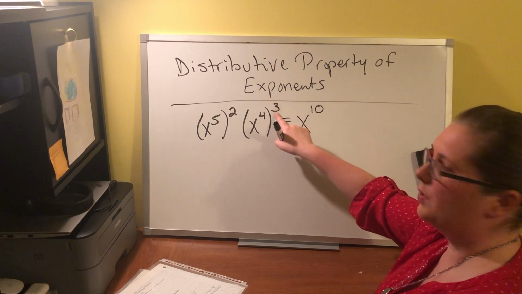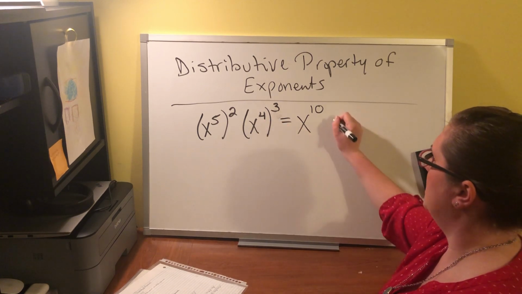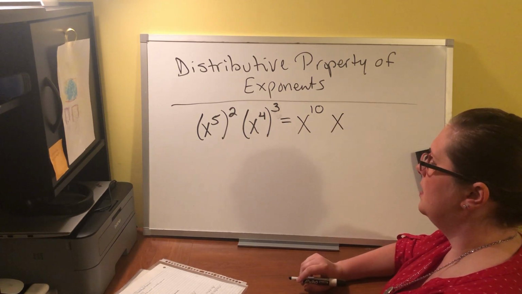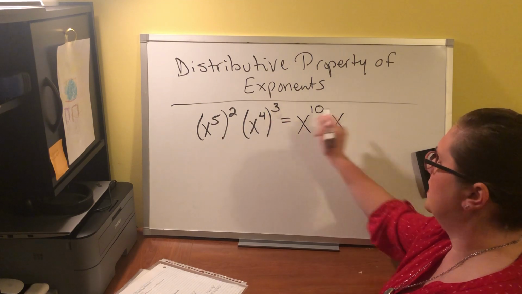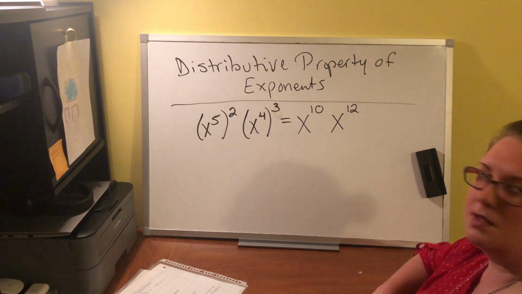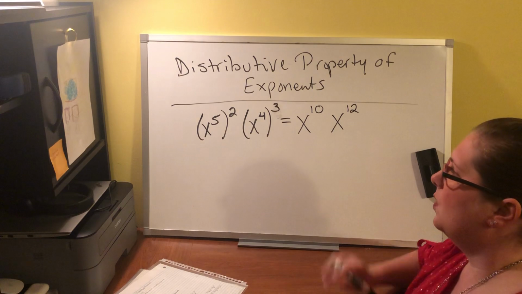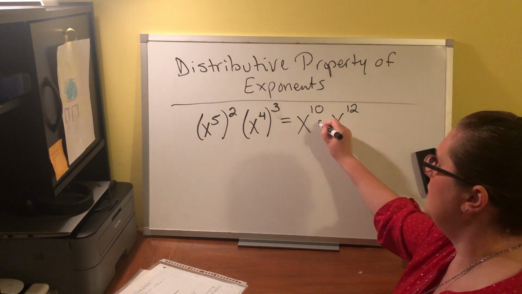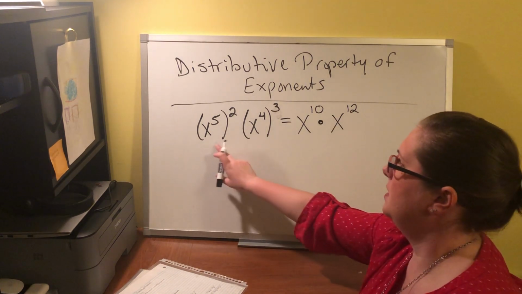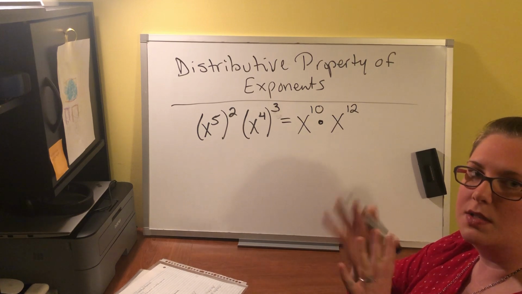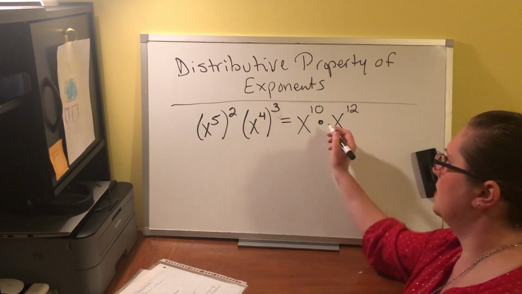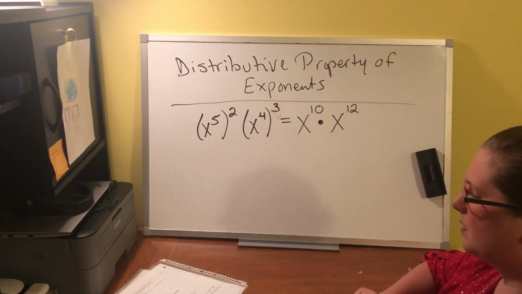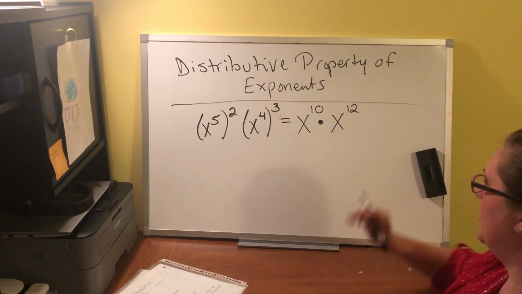Now I have x to the 4th cubed, also power to a power. So we are keeping the x, the base, and multiplying. 4 times 3 gives us 12. Now we also know that this is multiplication going on here, because these were right up next to each other, just like there were 2 sets of parentheses. So now we have to implement our multiplication property.